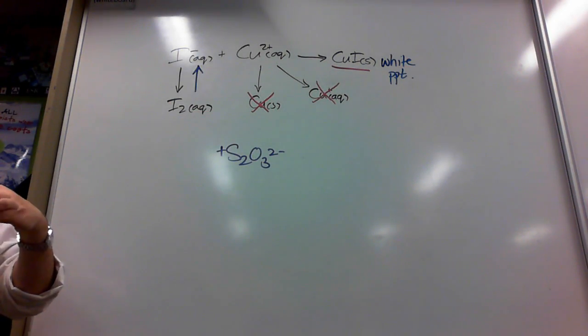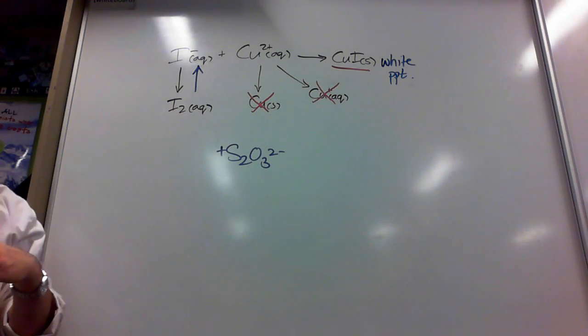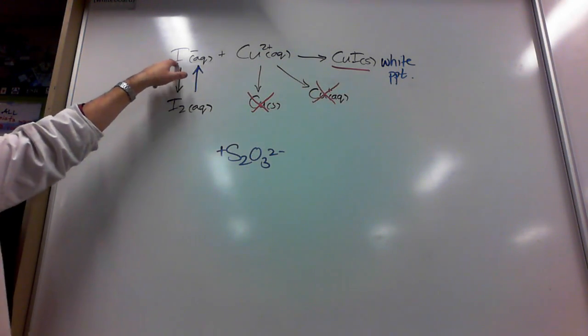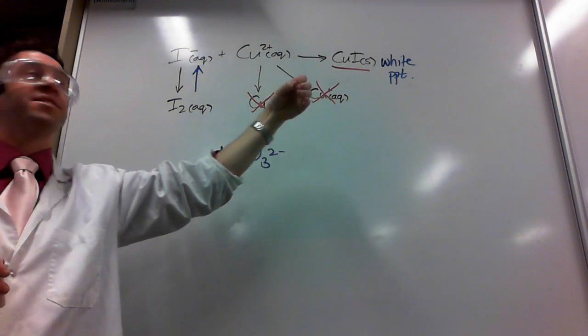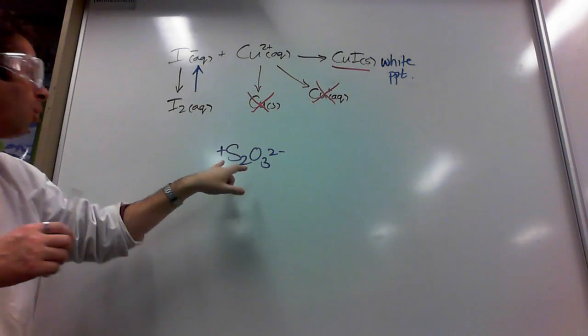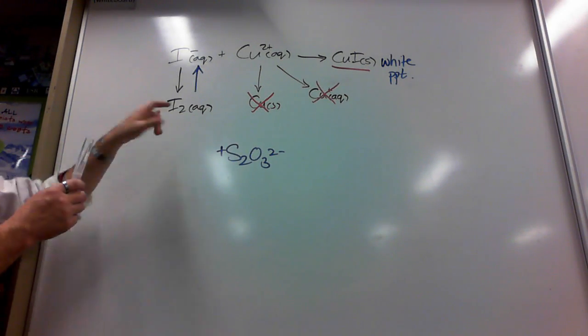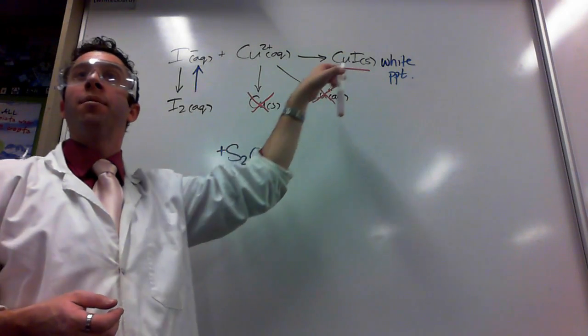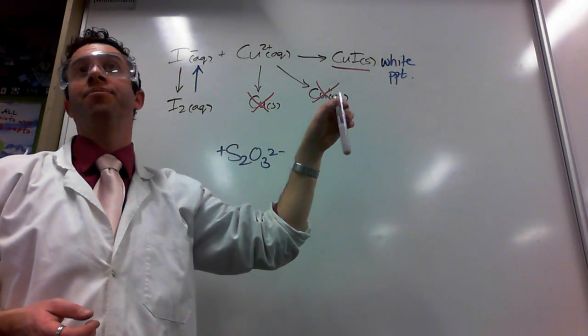So, the actual redox reaction that we were testing was iodide plus copper and seeing what it makes. And we see that it makes copper iodide, but we weren't sure. So the role of the thiosulfate in this is to remove the iodine so I can confirm which copper product I had.